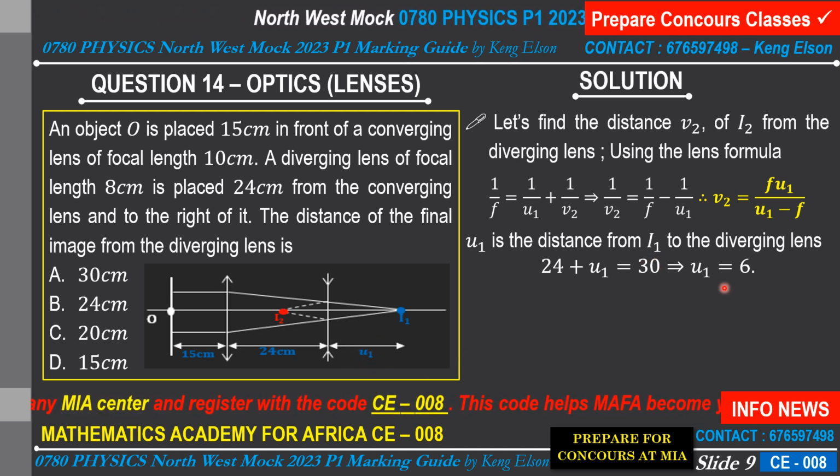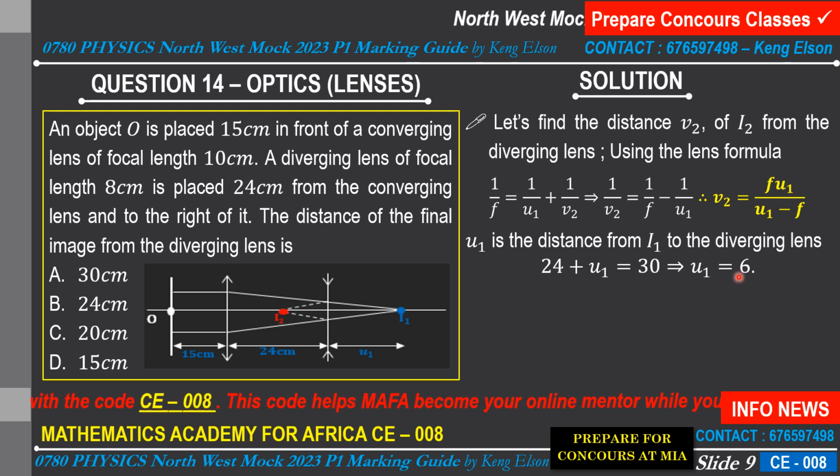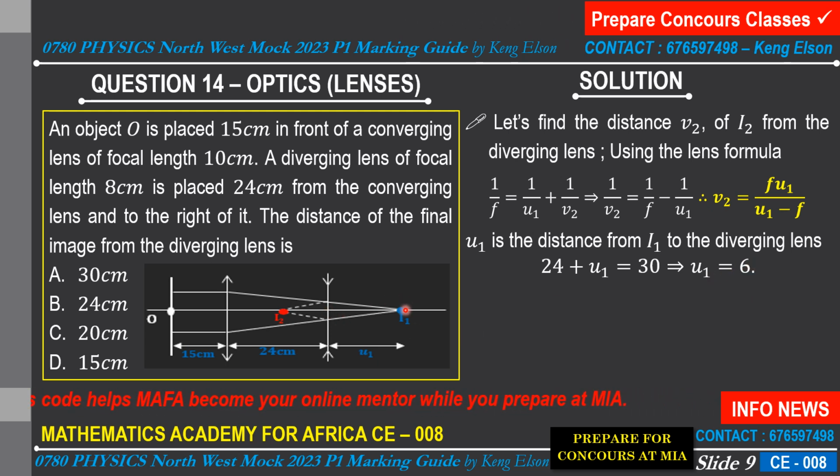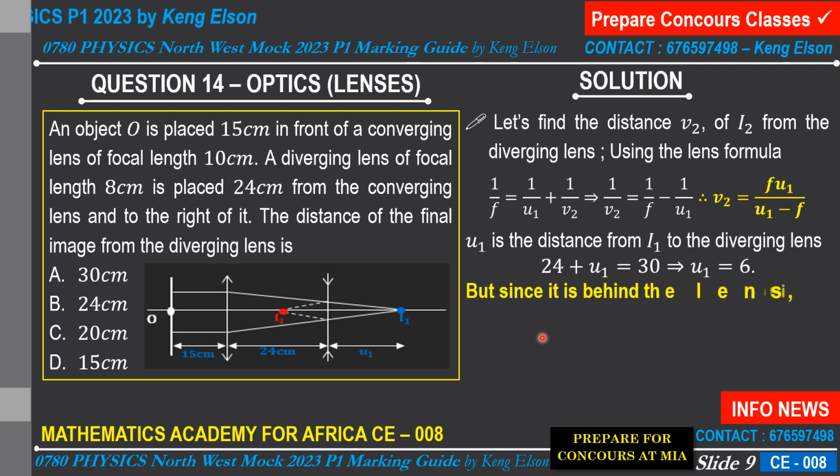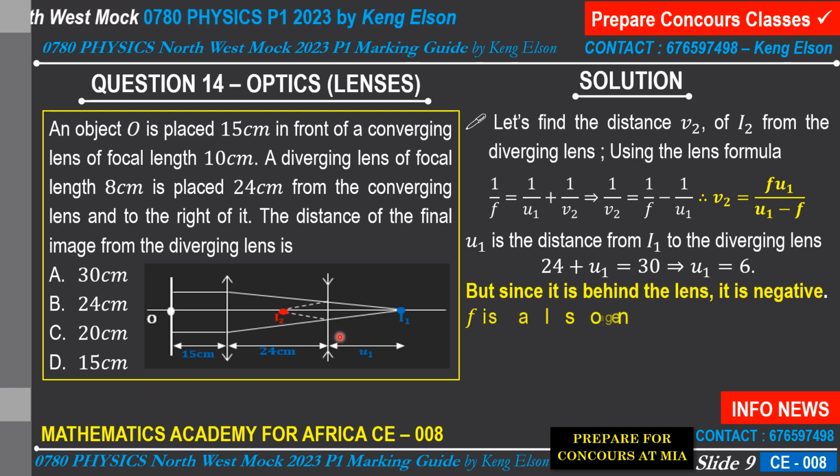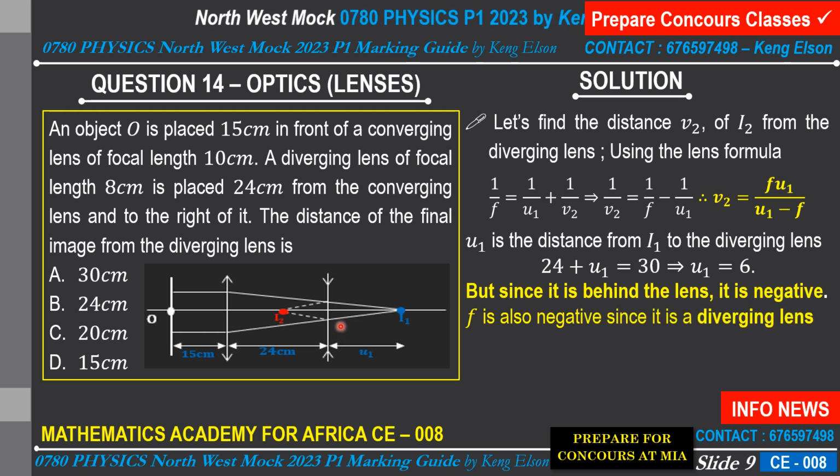So u1 is equal to 6 centimeters. But this u1 is behind the diverging lens, so it has to be negative. Now, what about your f? Your f is also negative because it is the focal length of a diverging lens.